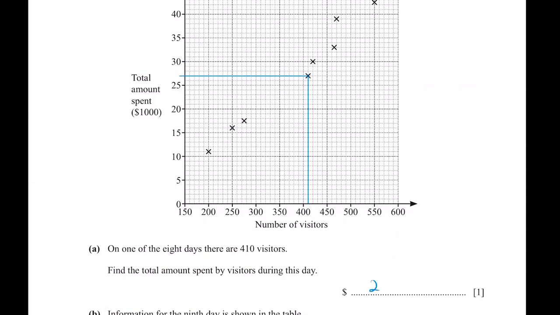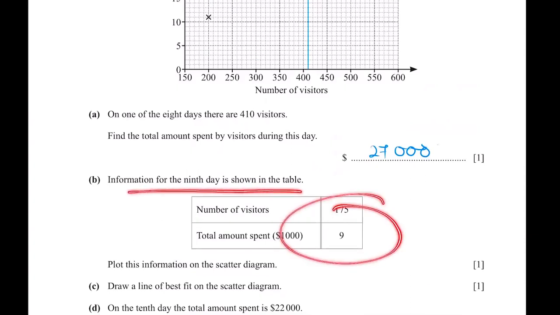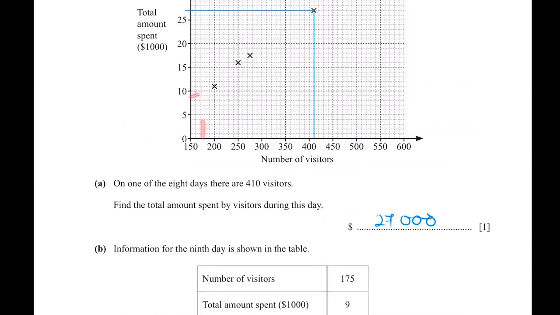So 27,000. Information of 9 days is shown in the table here, 175 and 9. So find 175 and then find 9. $175 should be here. So plot properly.